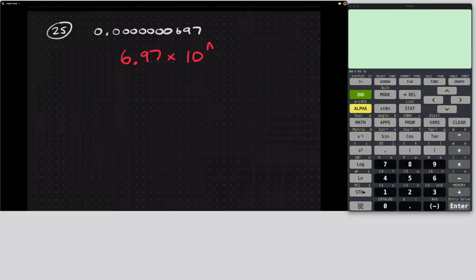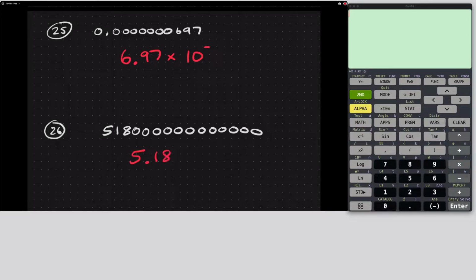Basically, if it's a decimal number, it's going to be a negative power, and if it was a number like 5.18 followed by 12 zeros, that is going to be 5.18 times 10.